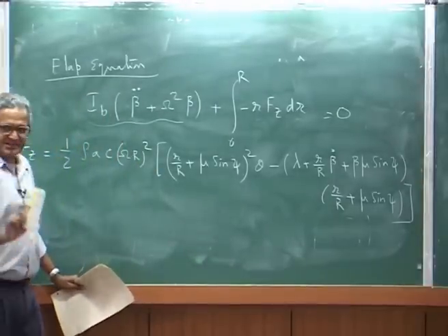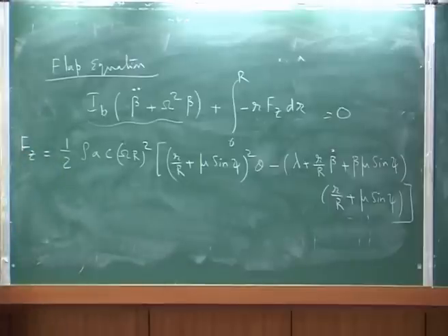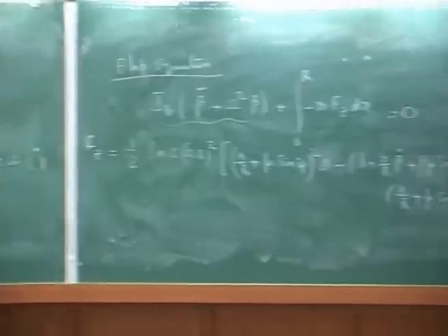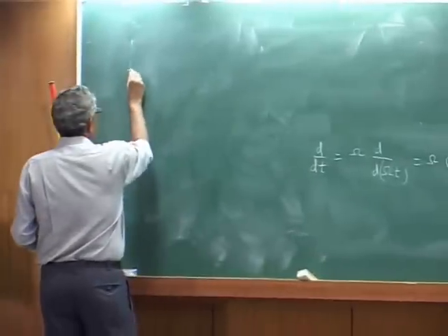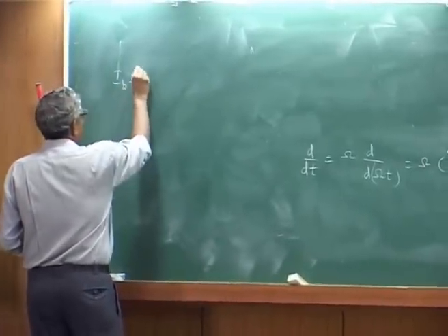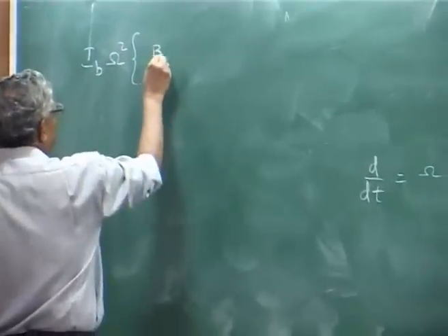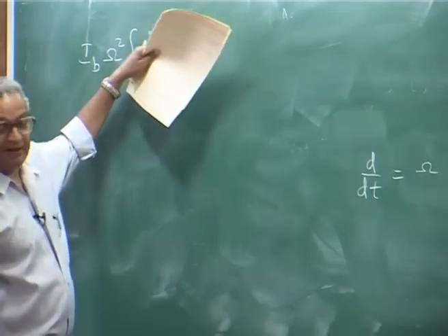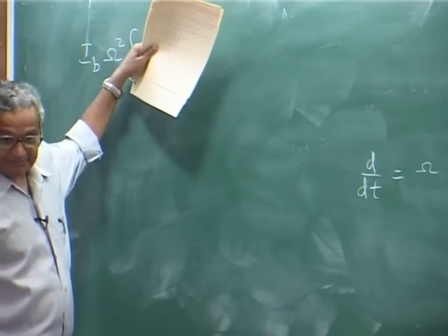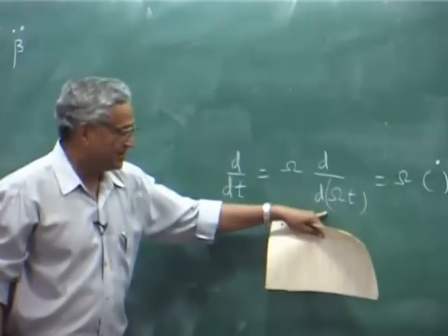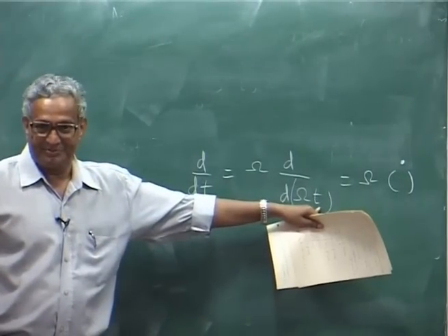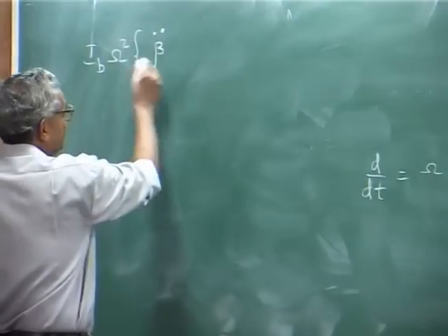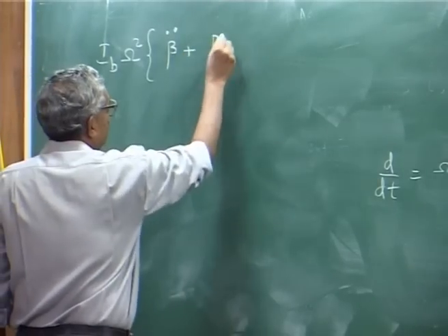This is just non-dimensionalizing the whole equation. I erase this part. I will write the non-dimensional equation, then we start discussing the whole thing. You will have IB omega square beta double dot. Please understand here that is the non-dimensional time derivative, that is d by d omega t. That's why I have taken this, and here you have beta.